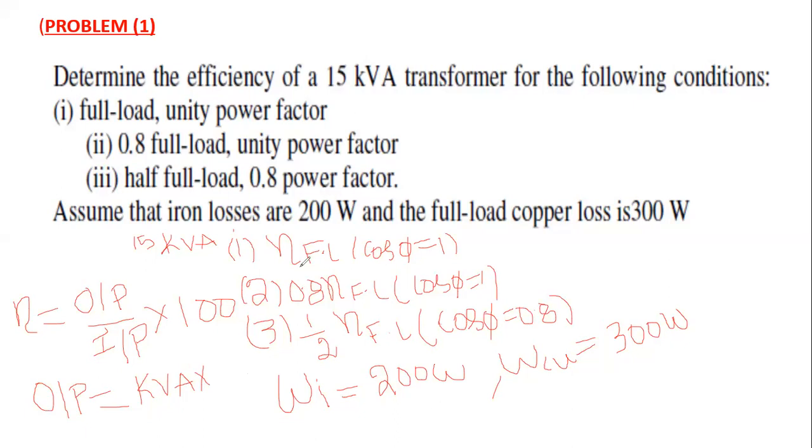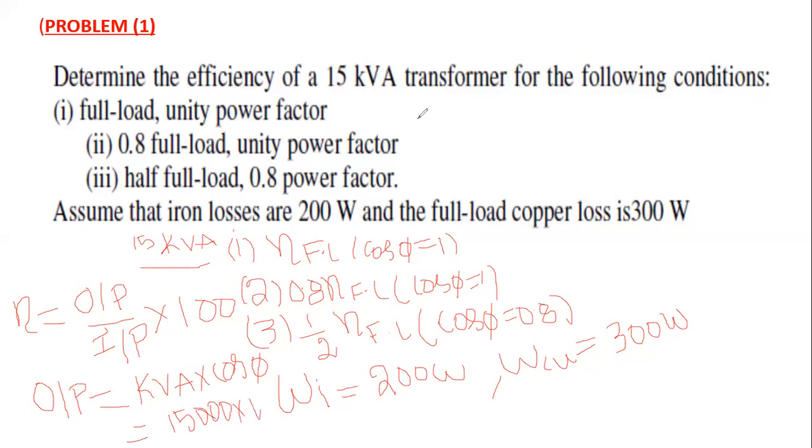What is the power factor for the first bit? Power factor means cos phi. When determining the first bit, we substitute cos phi equal to 1. The rating of the transformer is 15 kVA, that is 15 kVA into 1000 for K, so 15,000 into cos phi equal to 1.